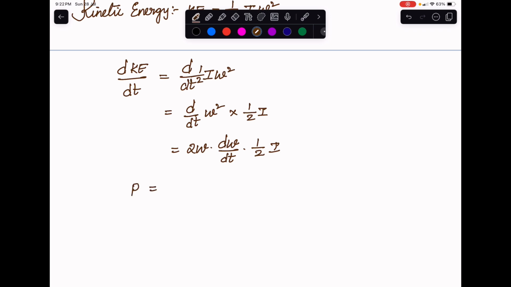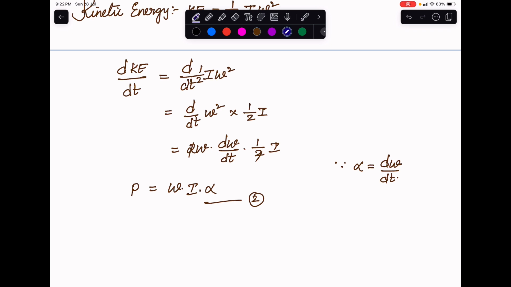The 2 gets cancelled, giving omega into I into d omega by dt. The rate of change of angular velocity is angular acceleration, since alpha equals d omega by dt. So this is the expression for power, and say this is equation number 2.